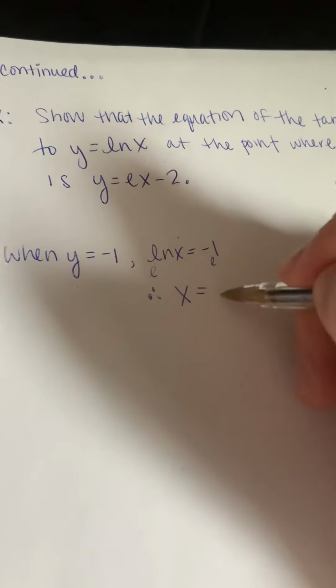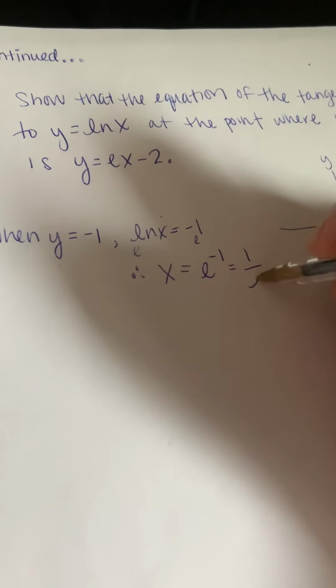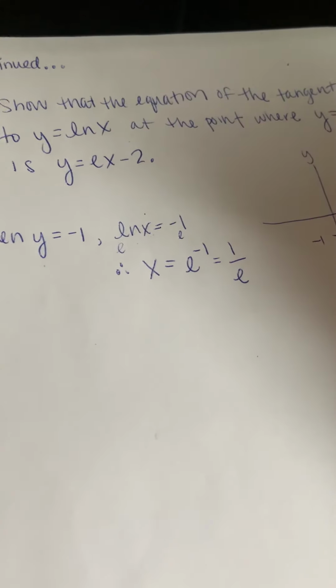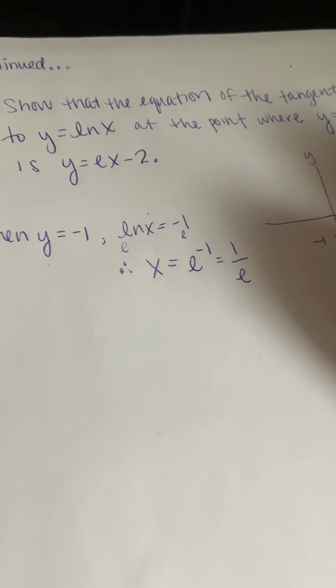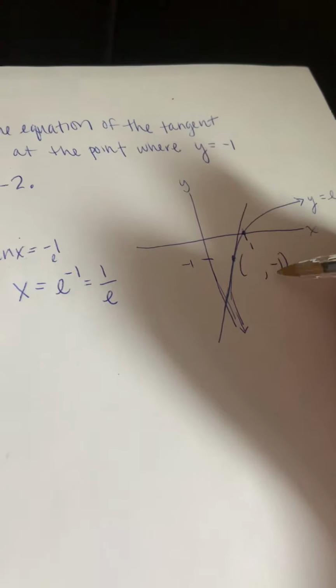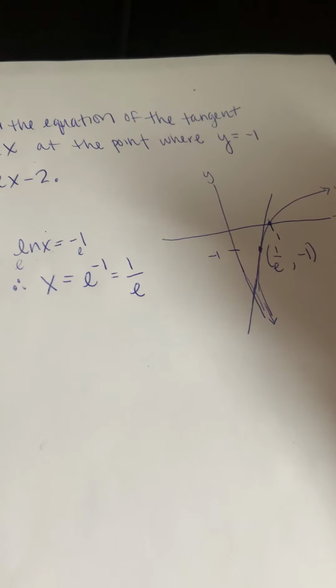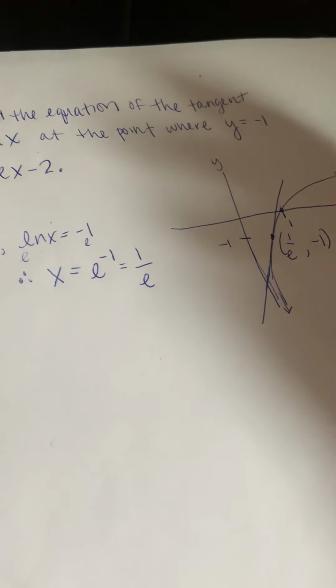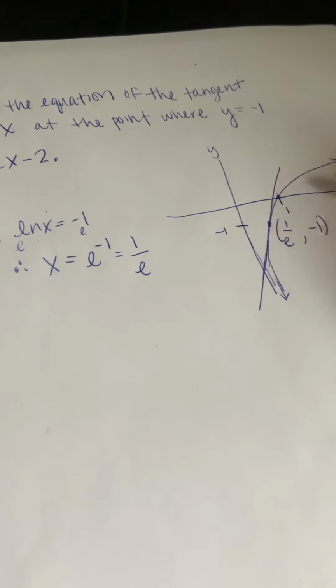And on the right side, it'd be e to the -1st power, which is the same thing as 1 over e. So we did all of that work just to find the x value when y was -1, which is 1 over e. That's our point of contact. And the point of contact, once again, is the point where the tangent line hits the original equation.